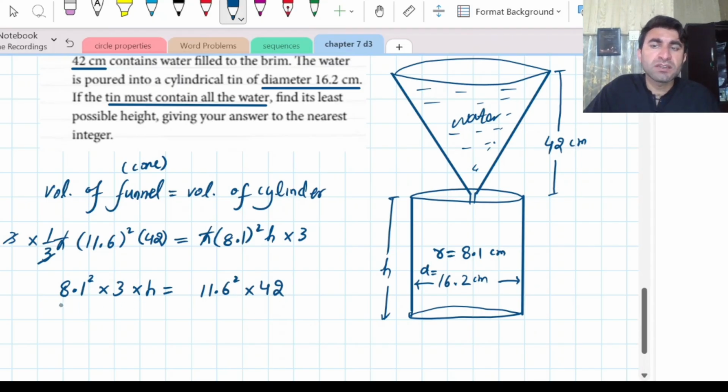Now in order to find the value of h, let me divide by 8.1² multiplied by 3 on both sides, and the rest will be done using a calculator.